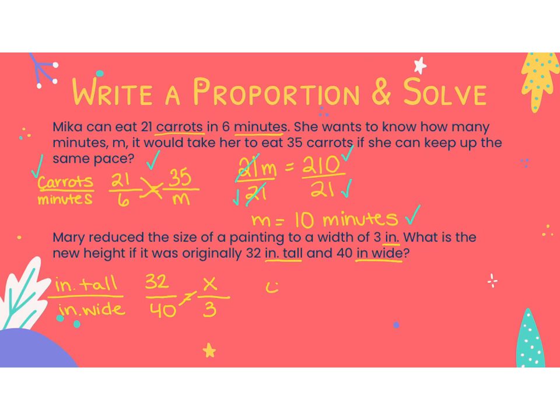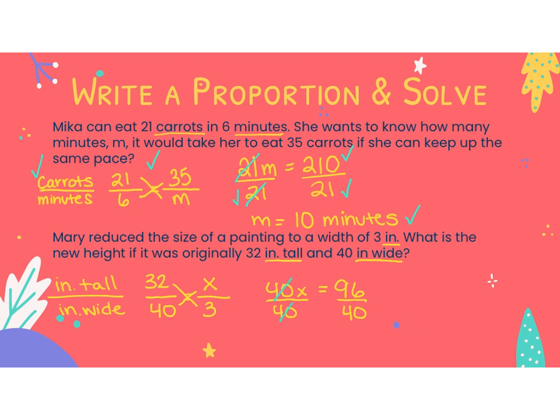40 times x equals 32 times 3, which is 96. Now that I've written an equation, I will divide on both sides to get x by itself. I will divide by 40 on the left and divide by 40 on the right.